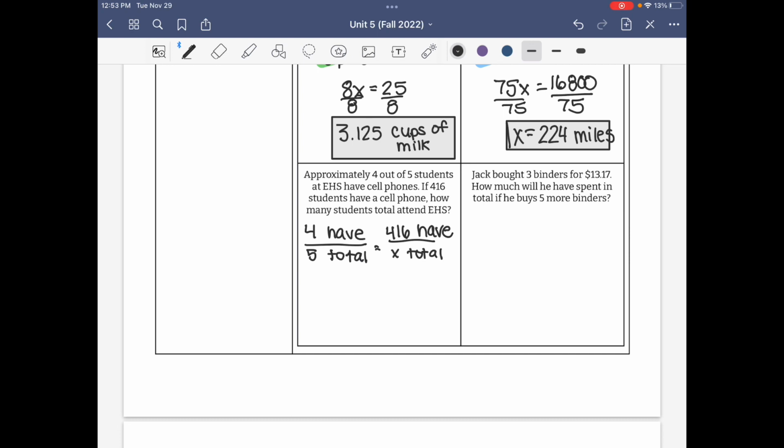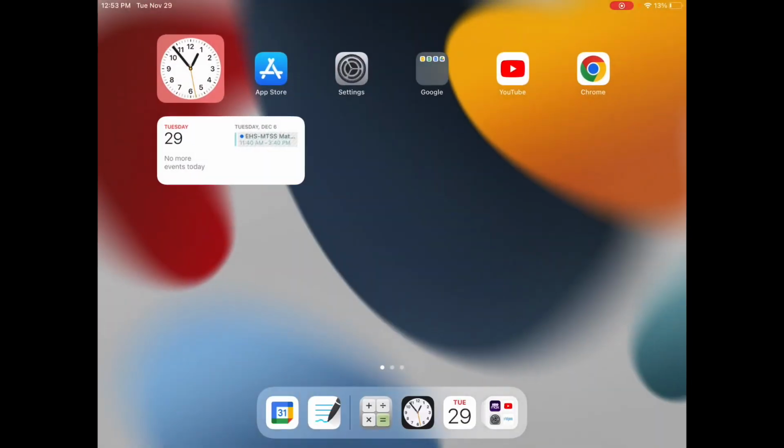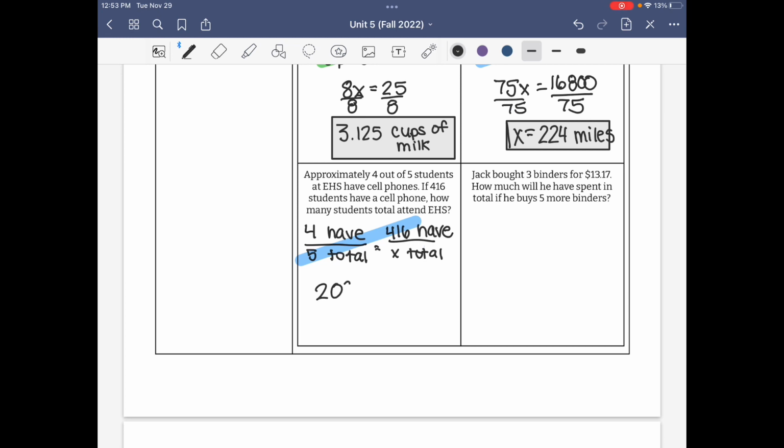Then I cross multiply so that I can find x. So 5 times 416 is 2,080. And the other side's pretty easy. X times 4 is just 4x.